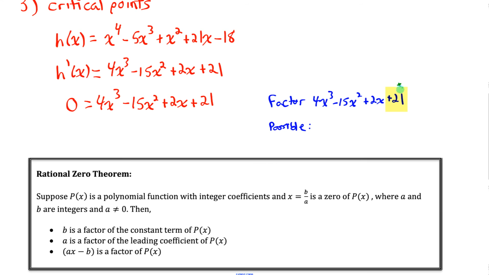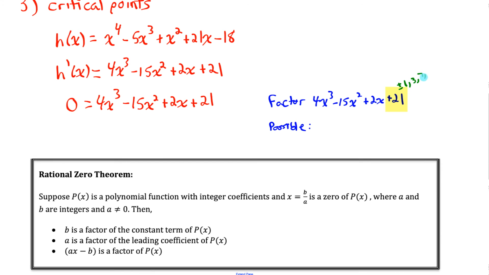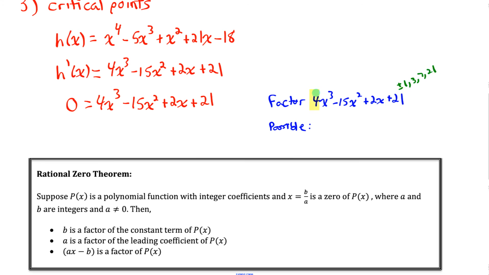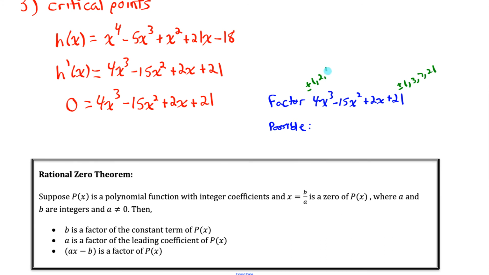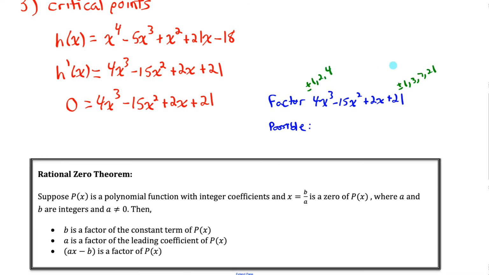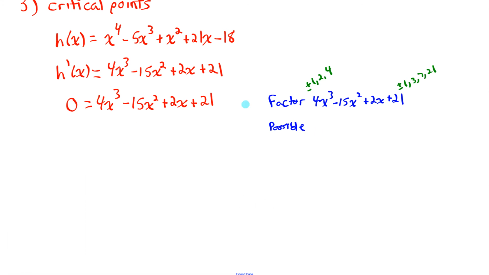So factors of 21 would be plus or minus 1, 3, 7, and 21, divided by factors of the leading coefficient. And I have to use the rational zero theorem this time because the leading coefficient is not 1. And factors of 4, plus or minus 1, 2, and 4. So I have to do each of the factors of the constant term divided by each of the factors of the leading coefficient. And then those would be the possible zeros of the function. So I'll just list all those numbers quickly here. 1 over 1, 1 over 2, and 1 over 4.